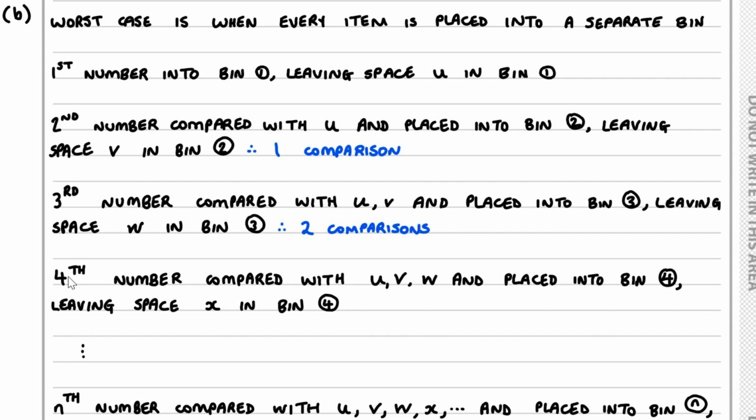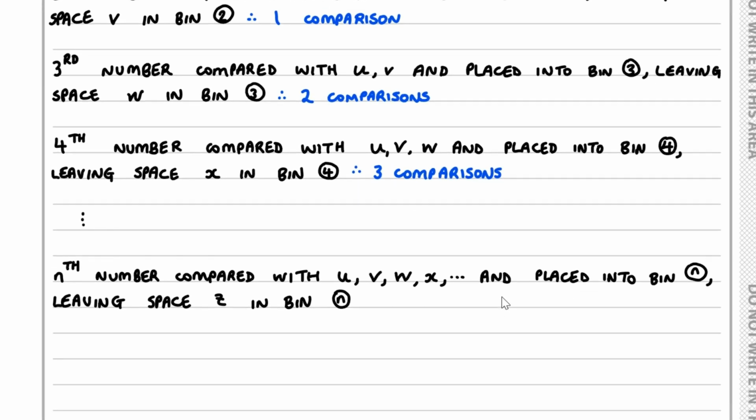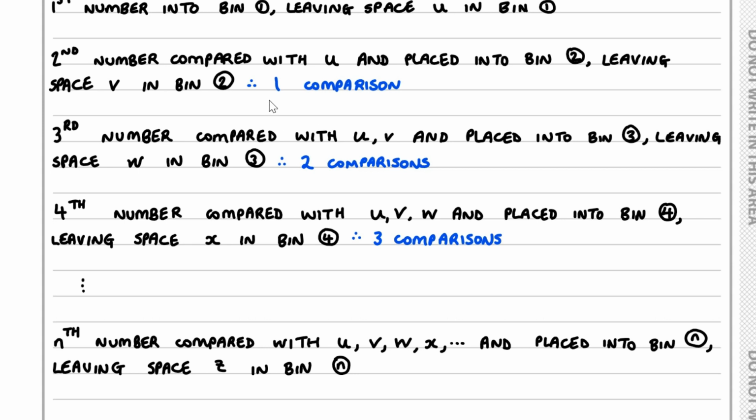And if we consider the fourth number, that's compared with the amount of space left over in bin number 1, bin number 2, and bin number 3. So you can see here, we've got three comparisons. Hopefully you can spot a pattern. For the second number, we've got one comparison. For the third number, we've got two comparisons. For the fourth number, we've got three comparisons.